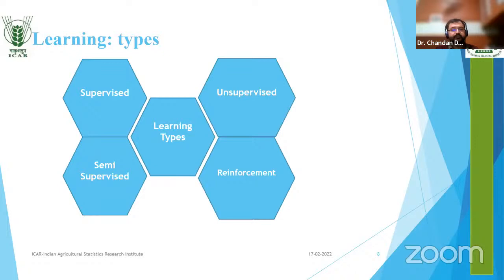Another very important type is reinforcement learning. In reinforcement learning, the programmer gives some kind of reward to the learner, so that it can be automatically guided by that reward in which direction it should go to learn. Another is semi-supervised learning. It is the combination of supervised and unsupervised learning.